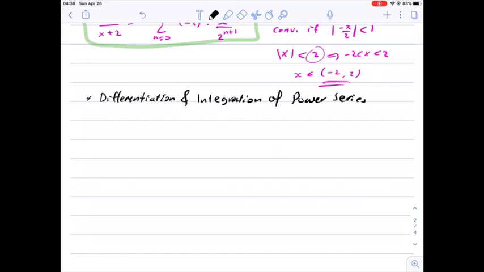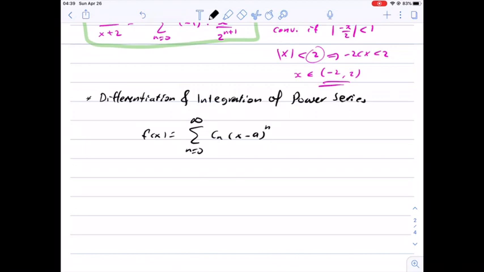So now we need to know that the sum of a power series is written as f of x equals the sum of cn times x minus a to the power n, which is the general form of the power series, whose domain is the interval of convergence.